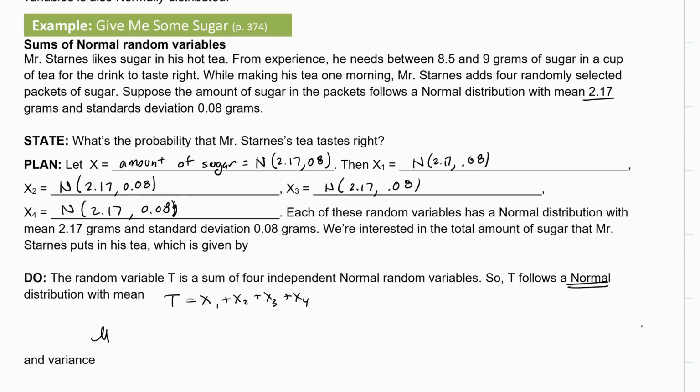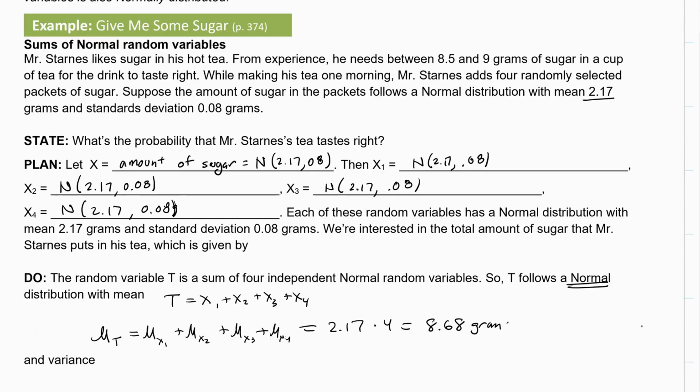Secondly, the mean will be the sum of these means: the mean of x sub 1, the mean of x sub 2, the mean of x sub 3, the mean of x sub 4, which ends up being just 2.17 times 4, and that ends up being 8.68 grams.